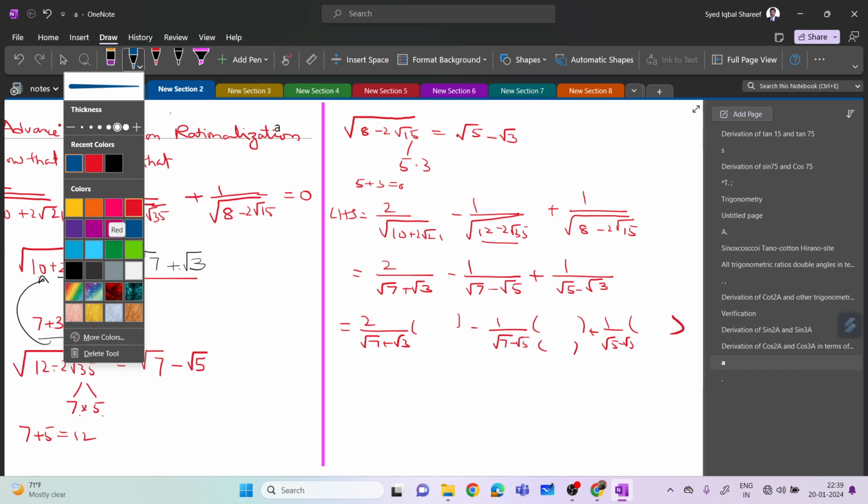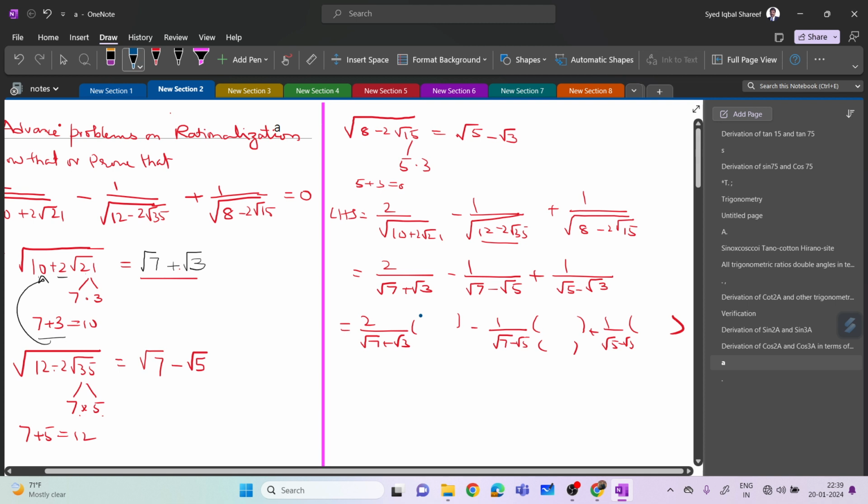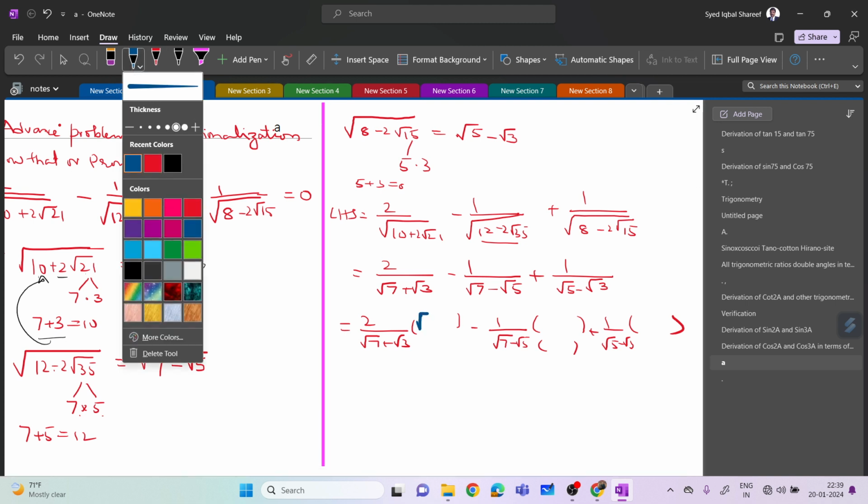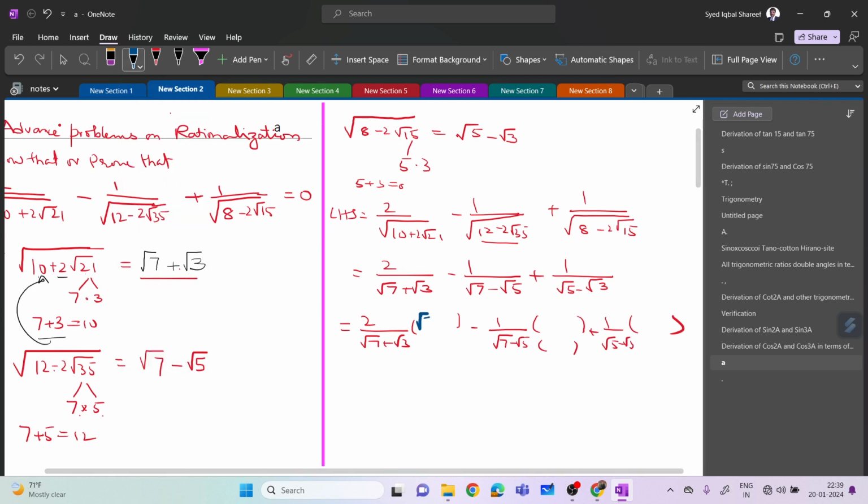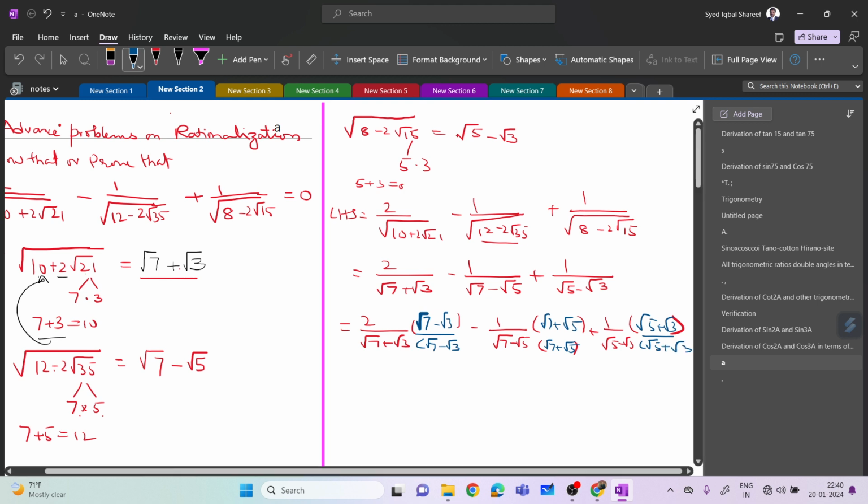Okay, the blue is okay. Multiply numerator and denominator by root 7 minus root 3 for the first term. For the second term, multiply by root 7 plus root 5. For the third term, multiply by root 5 plus root 3.